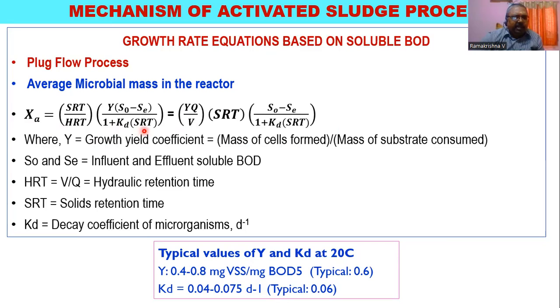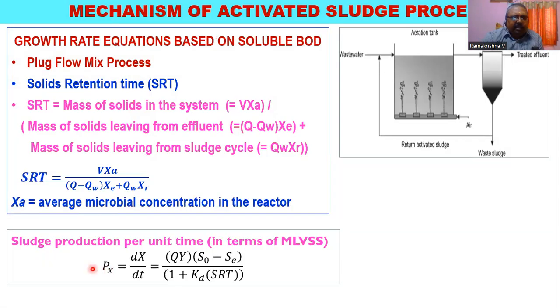So all the terms are the same, but the only difference is that instead of a single MLSS or MLVSS, we have the average microbial mass. All of the terms are the same as in the complete mix process. The same values of Y and KD are there. SRT is also the same, but in this tank the concentration of solids is varying because there is only this lateral mixing, not complete mixing.